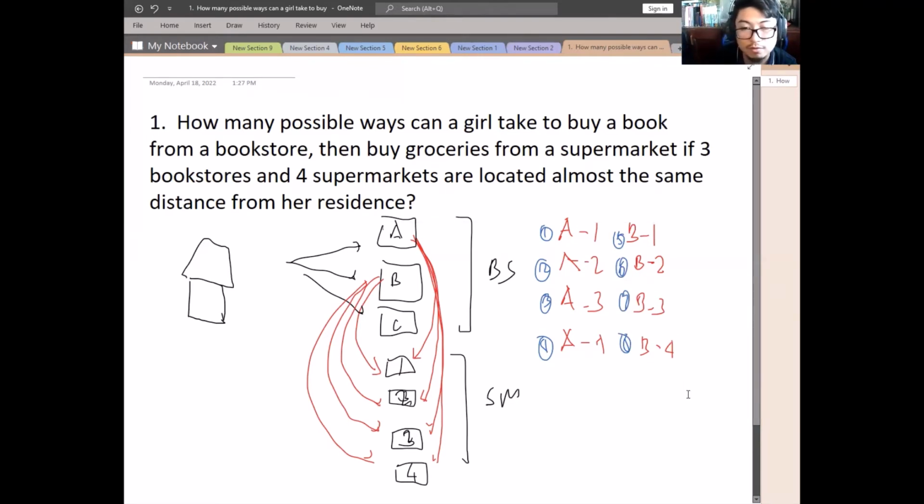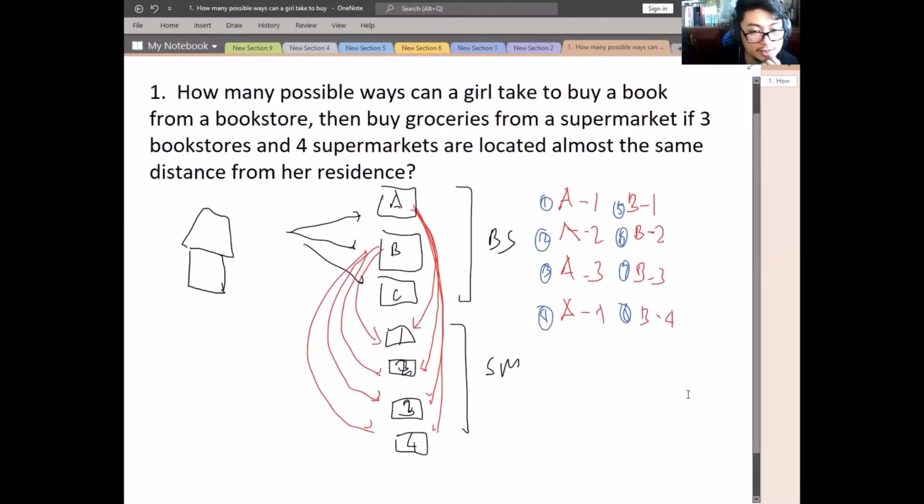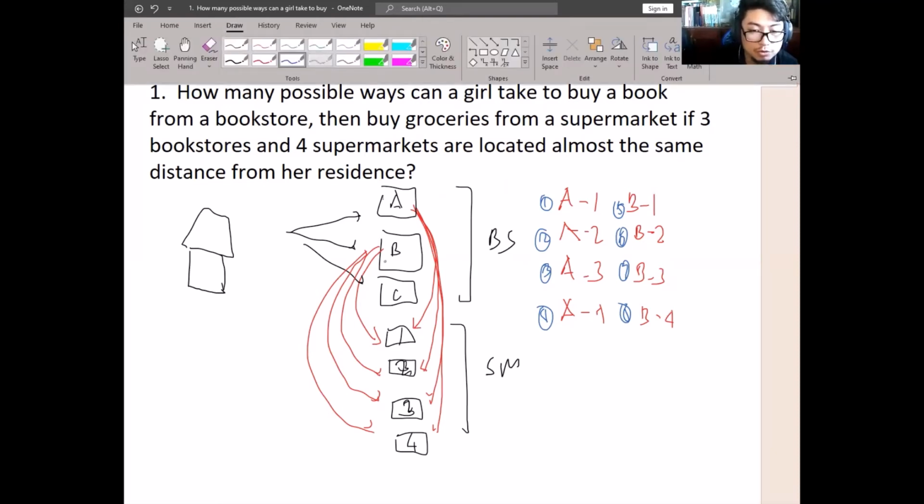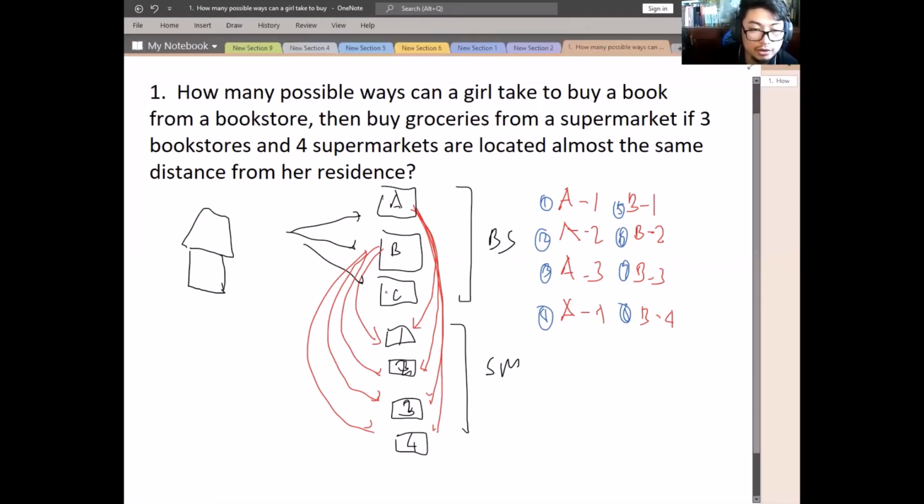Now our last way is when the girl goes first to bookstore C, then goes to supermarket 1. She will go to bookstore C and have a grocery at supermarket 2, and so and so forth.